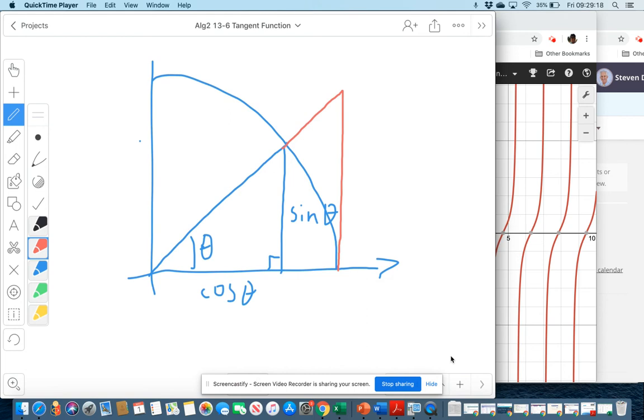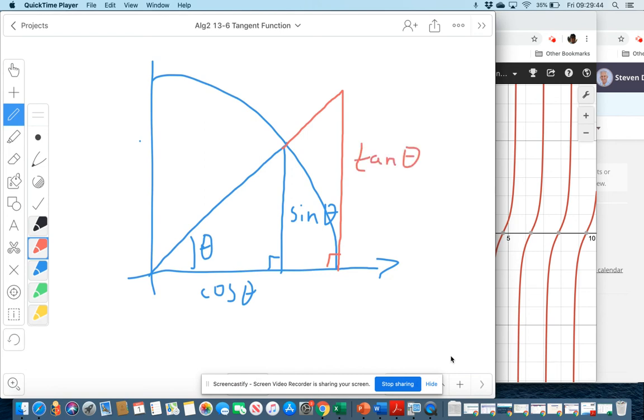Okay, this is another right triangle. Okay, so if we use similar triangles here, it's got the same proportions as the smaller triangle that's inside the unit circle. This red triangle is outside the unit circle. So another definition is the length of this line, as I said, is tangent theta.